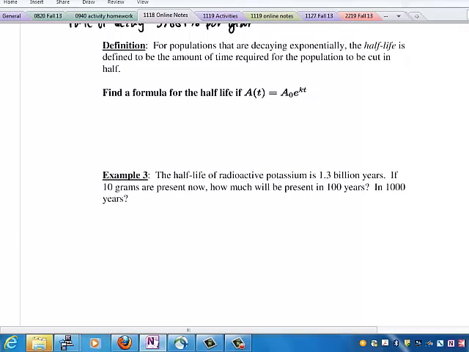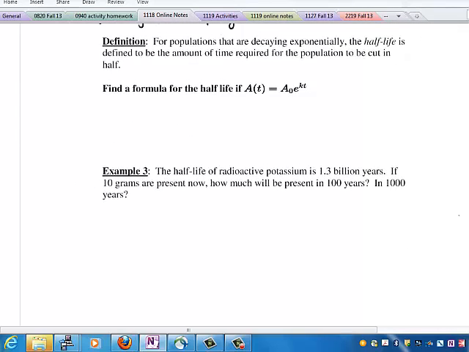The next thing we want to talk about is called the half-life of something that's decaying. Carbon is often talked about as having a half-life, but for any substance that's decaying exponentially, we can talk about the time required for half of it to decay, and that is referred to as the half-life.